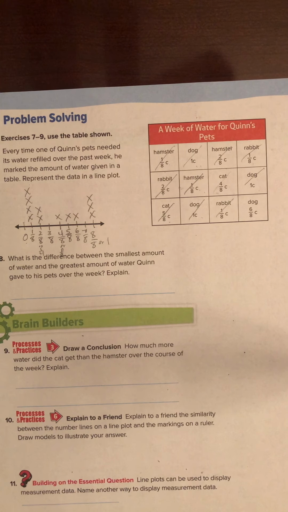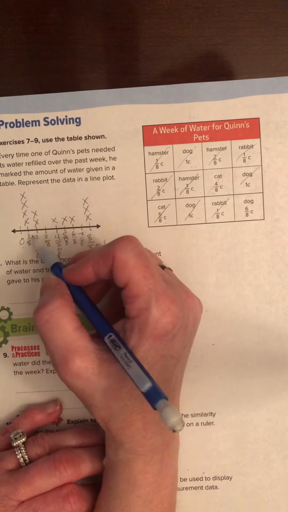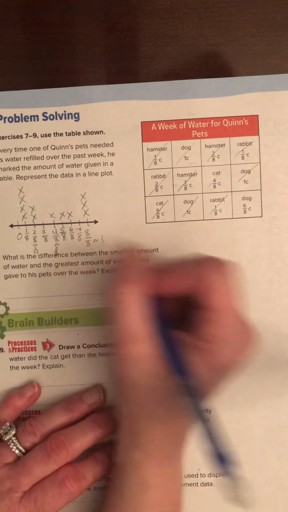Just checking to make sure that I did this right on the slide. Now it says, what is the difference between the smallest amount of water and the greatest amount of water Quinn gave to his pets over the week, and explain. So we have 1 cup is the most, and 1/8 is the least.